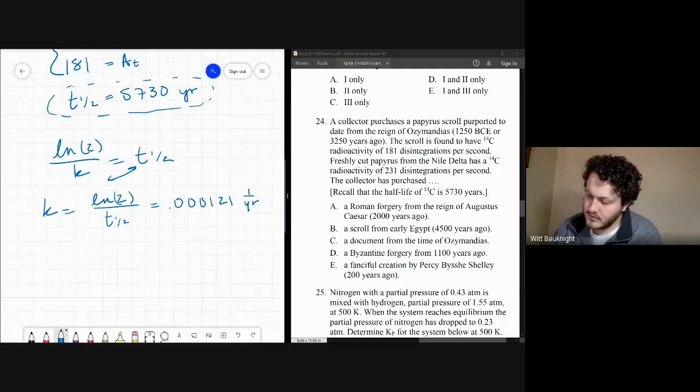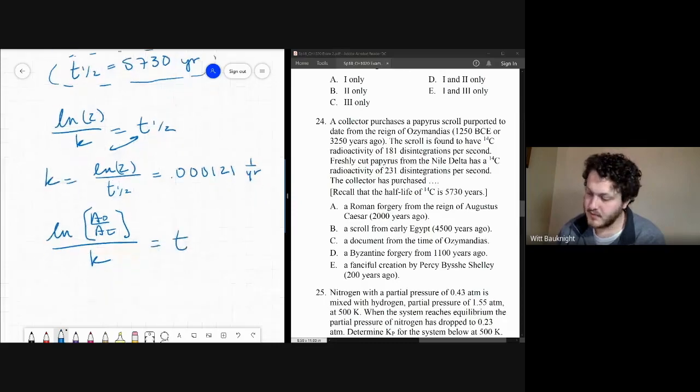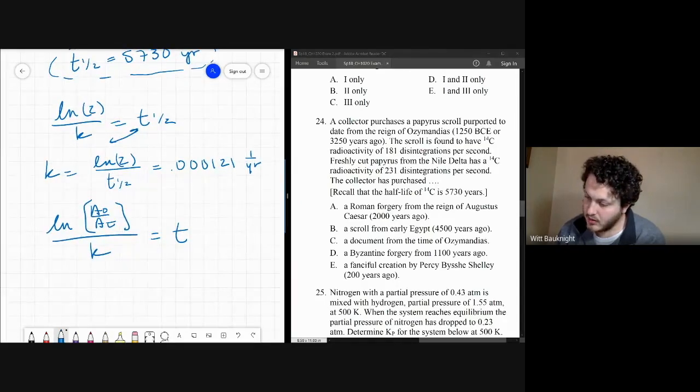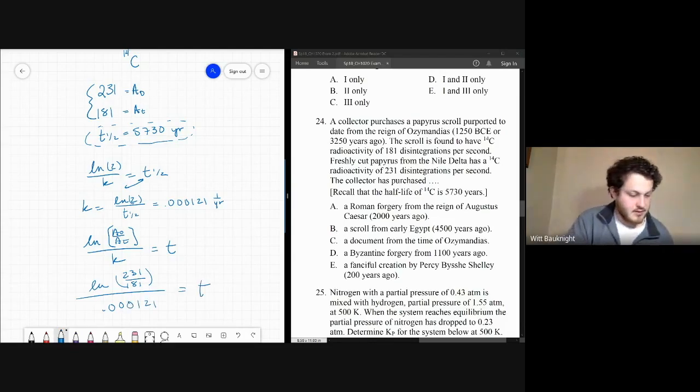So then I'm going to plug it into our integrated rate law. ln of A0 over At, divided by k, equals how much time has elapsed. Well, we know our A0, we're going to call it ln of 231 over 181, over our k that we just calculated, 0.000121, equals how much time has elapsed.